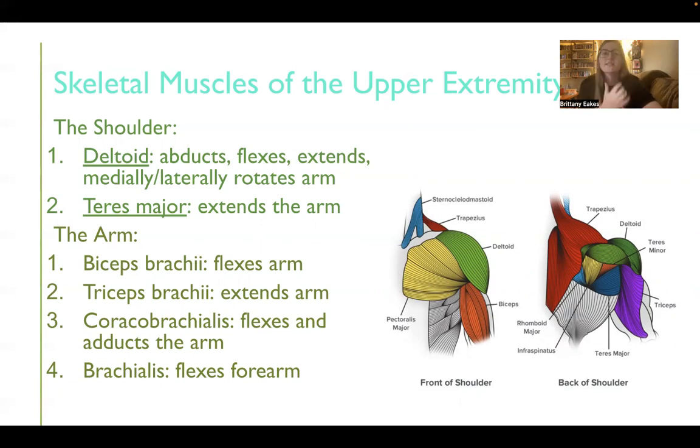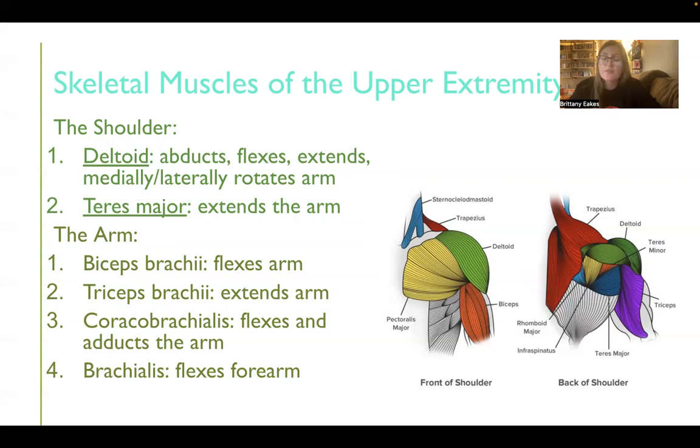It abducts, flexes, extends, and rotates the arm. The teres major will extend the arm. And within the arm, we also have the biceps brachii, triceps brachii, coracobrachialis, referring to its location near the coracoid process, and the brachialis.